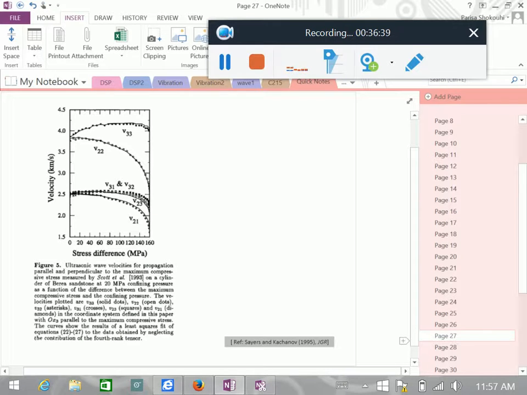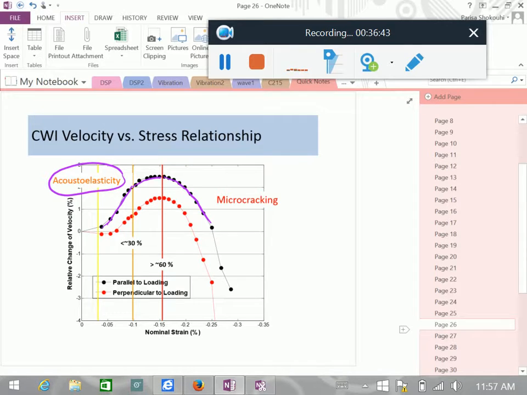Actually, what happened was we were the first people who observed this in concrete. The first time I presented the results, the research group head told me, this is just error. This cannot happen.